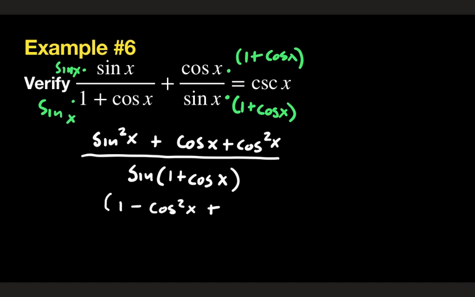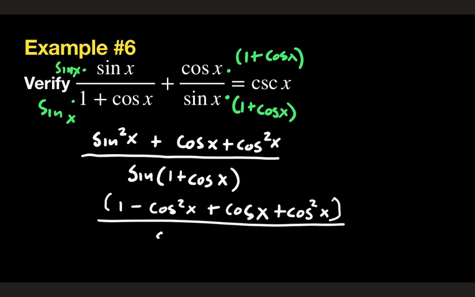And then we also have a cosine x plus cosine square x. And we're going to have sine x times 1 plus cosine x. We have a negative cosine square, and that negative cosine square cancels with this positive cosine square, which is great.